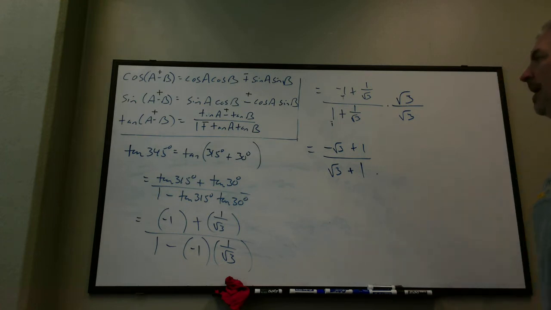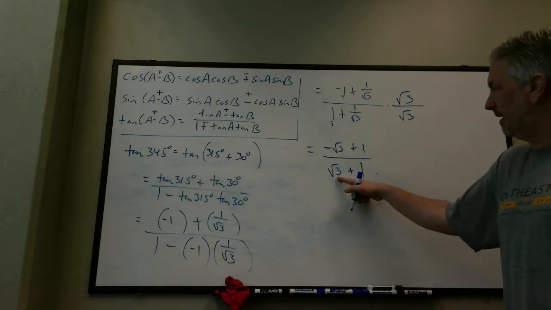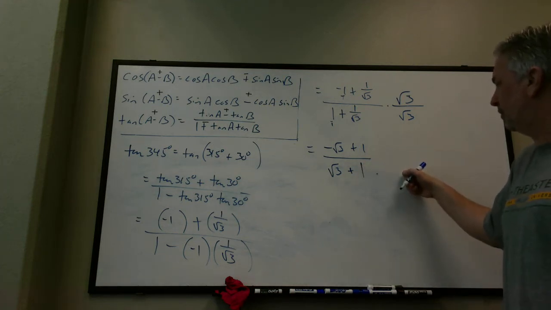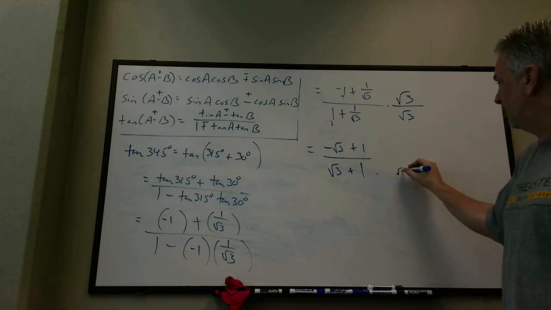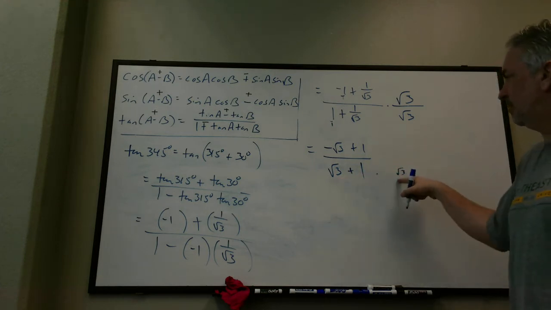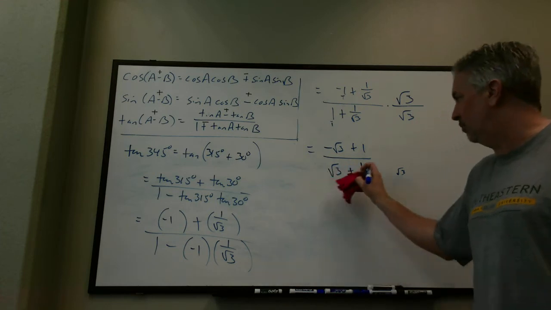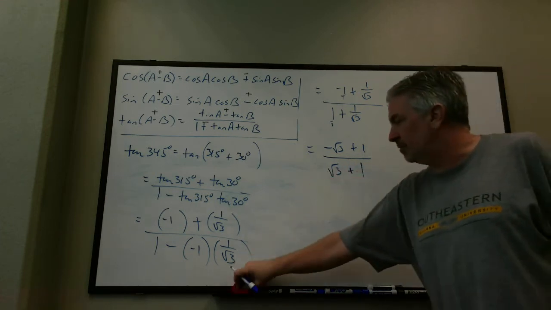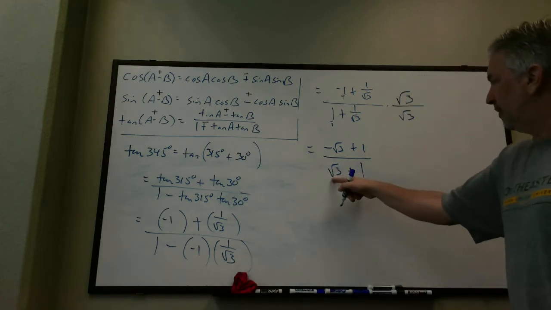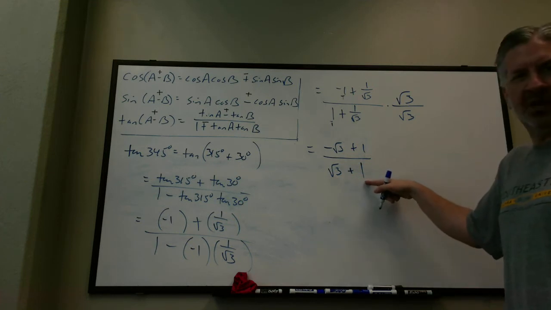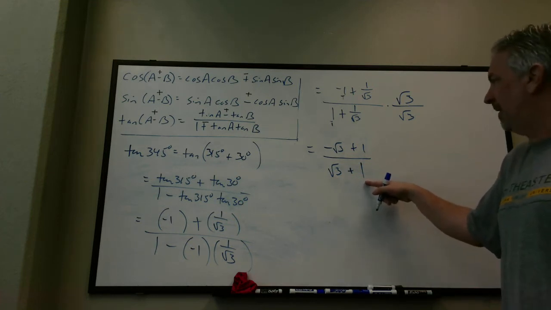But if you wanted to rationalize this, what would you have to do? You can't just multiply by root 3 over root 3, because there's a root 3 in the denominator. If you multiply by root 3 in the denominator, you're going to get 3 plus root 3. The root doesn't go away. It just moves to the other place. Whenever you have an expression like this, and you're trying to rationalize a denominator where it's a sum or difference, you multiply by the conjugate.